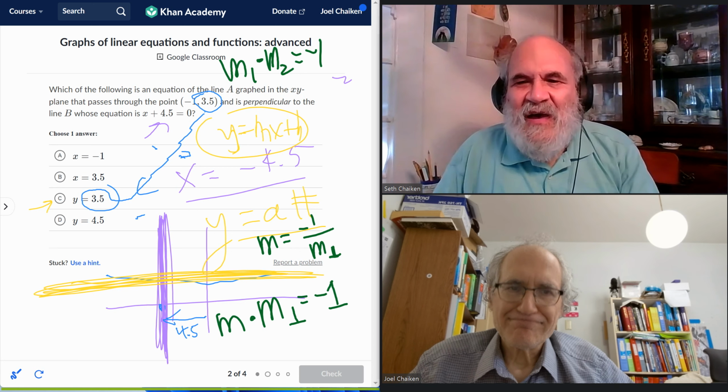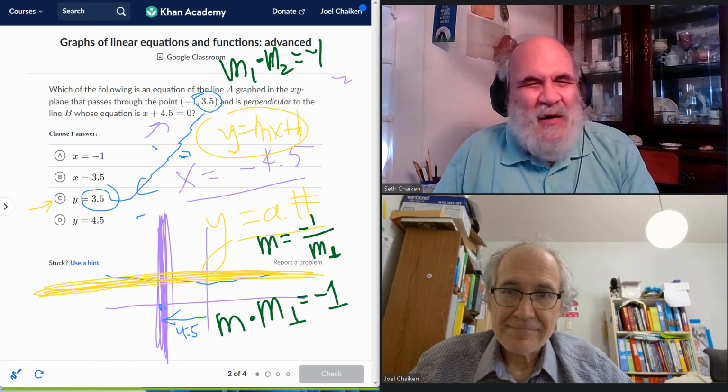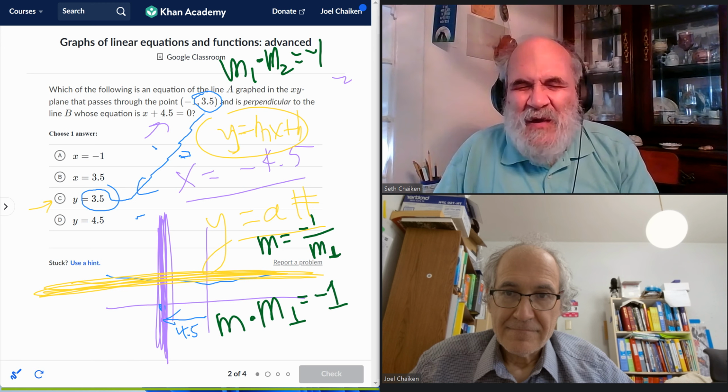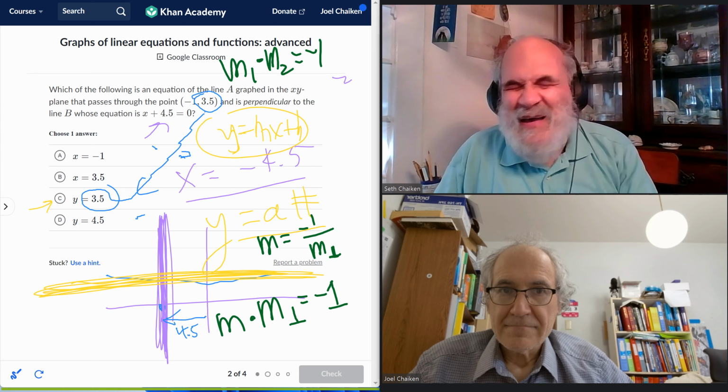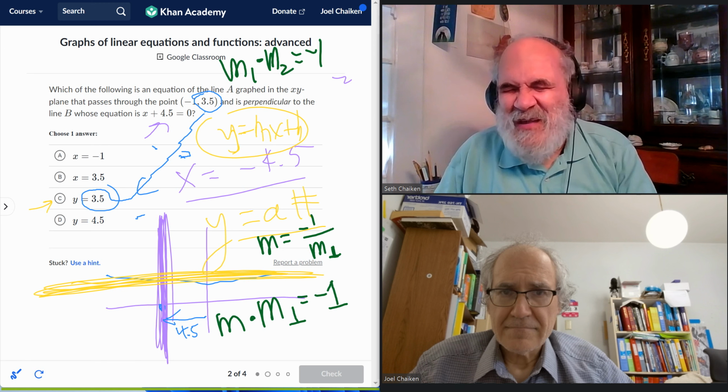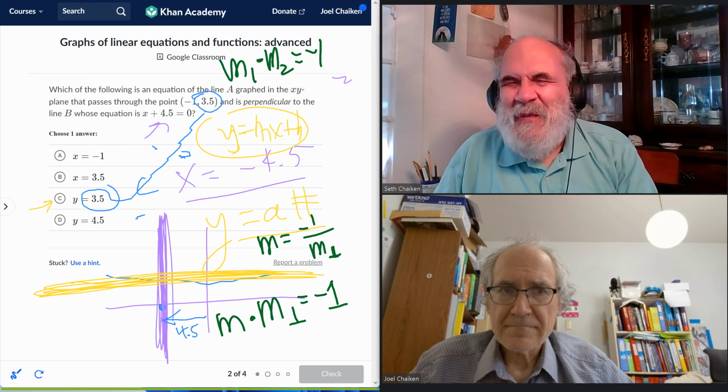Exactly. And here, one slope is zero, and the other is infinity. And in a way, they are negative reciprocals of each other, in the sense that we could think of the reciprocal of zero to be infinity.